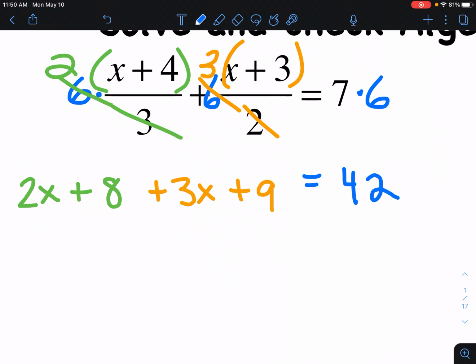Okay, so now all of the fractions are gone. This now has turned into an equation that you guys have been solving for years now. We're going to solve for x. So on the left side, we can combine like terms. 2x plus 3x is 5x. And also 8 plus 9 will get plus 17.